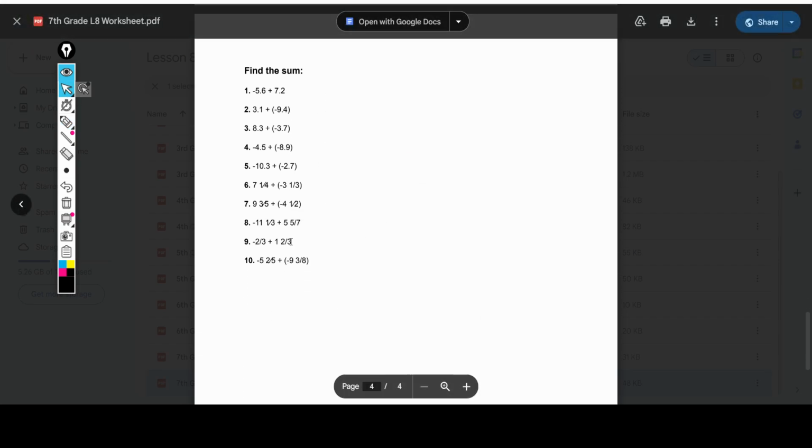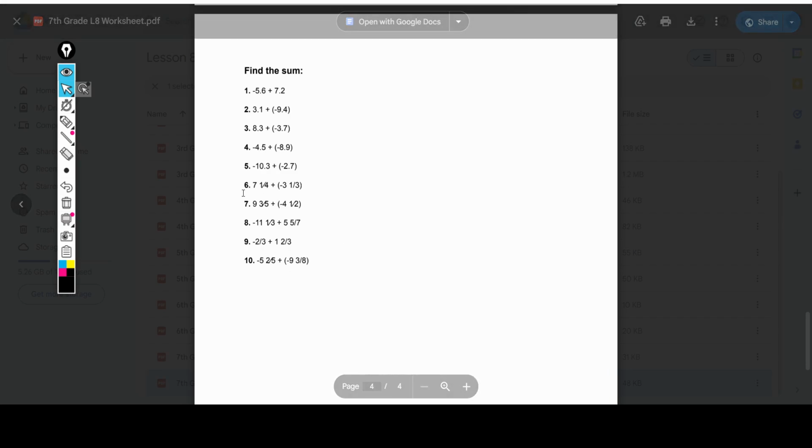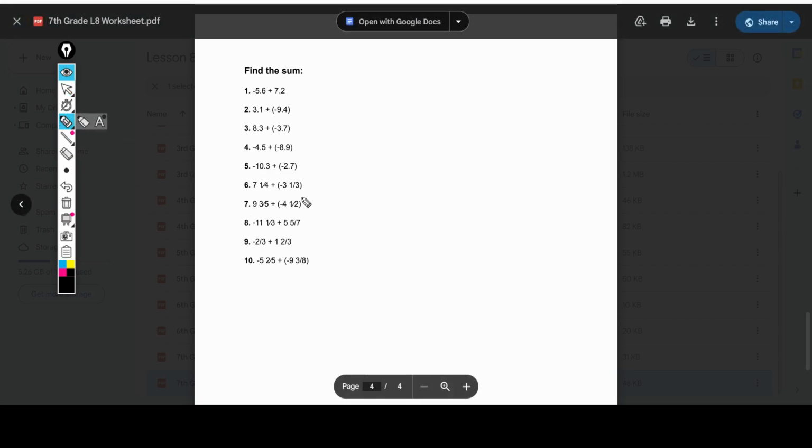And then here are just a bunch of sums of decimals or fractions. These should be pretty easy, so I'll just choose one that looks interesting. This one here, we're adding together two different mixed fractions. One of them is negative, and their denominators are different. So this seems like an interesting problem. First, let's convert these mixed fractions to improper fractions, because those tend to be easier to work with. 7 1/4 is equal to 7 times 4 plus 1 over 4.